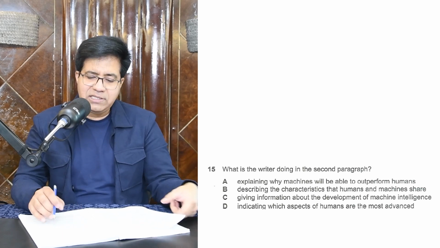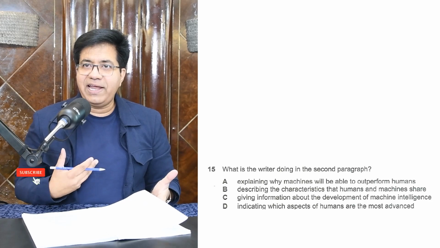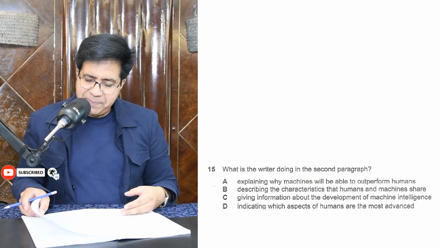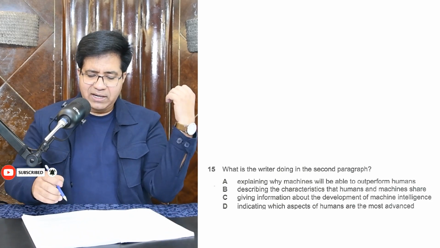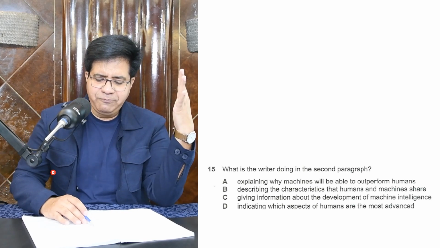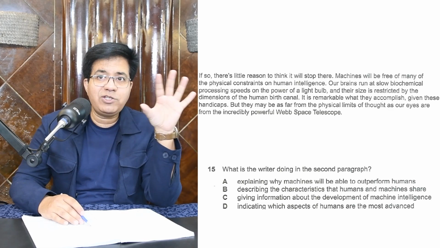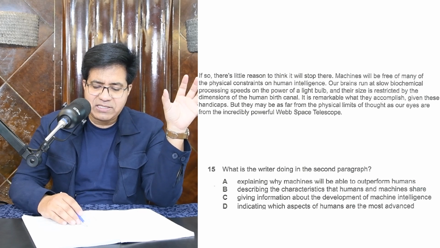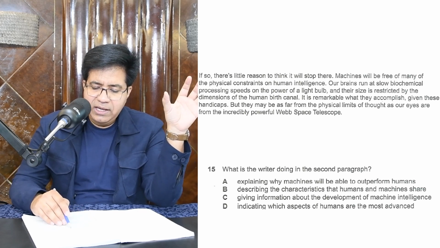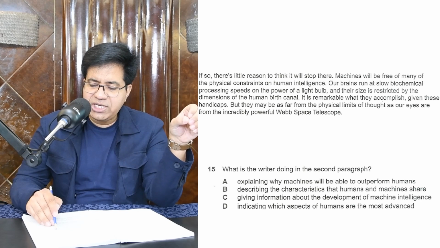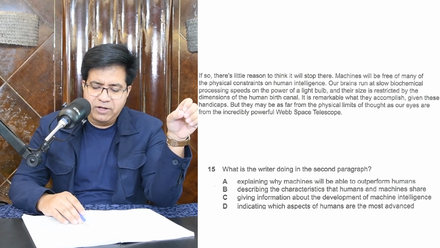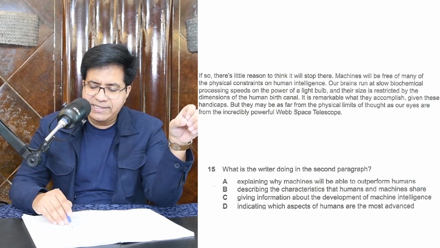Now, we will go back and see what the writer is doing. Second paragraph, it's a short paragraph. Let's see what the writer is doing. If so, it means human level performance. If so, there is little reason to think it will stop there. Machines will be free of many of the physical constraints on human intelligence.